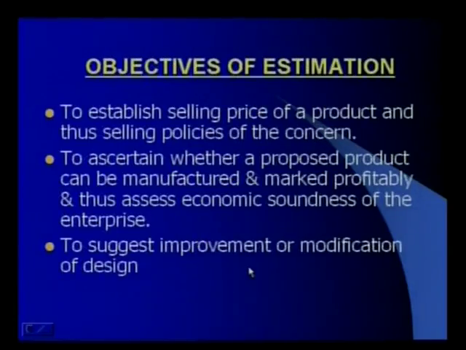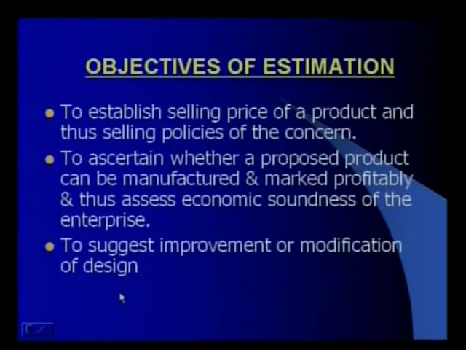To take up any production process or to manufacture any product, we need to know whether that product can be manufactured and easily sold in the market. The estimation helps decide whether to take up that production process or not. Next, to suggest improvement or modification of the design.